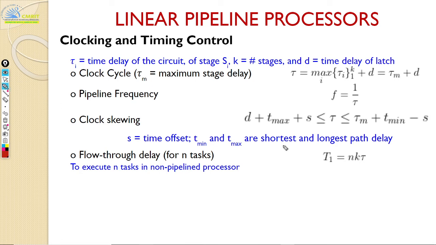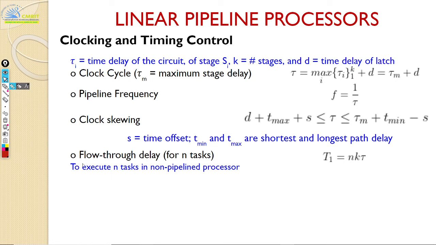Here n is the total number of tasks or instructions, k is the number of stages, and for one stage you are assuming tau as the delay. Like that you have k stages, tau tau tau tau, so k tau to process one instruction. Now if you have n instructions, it is going to be n k tau.